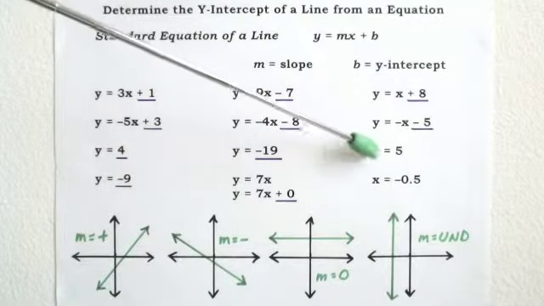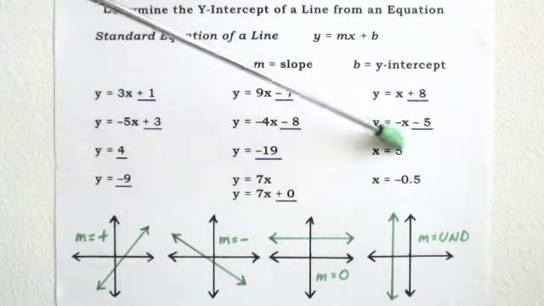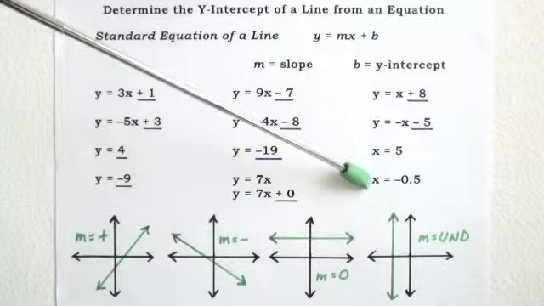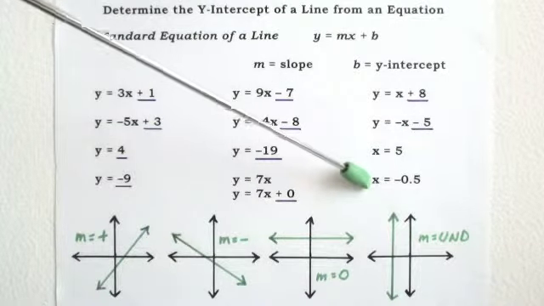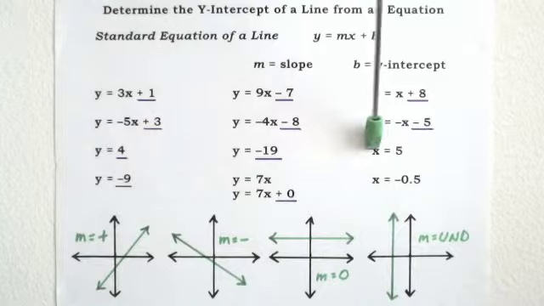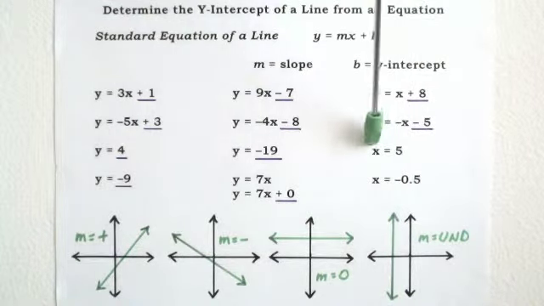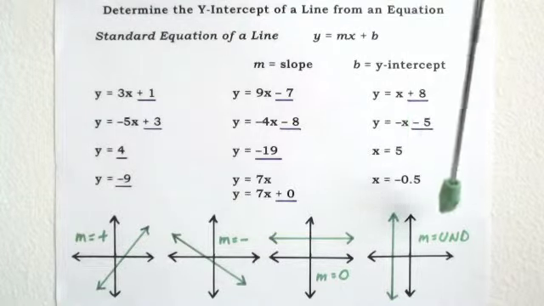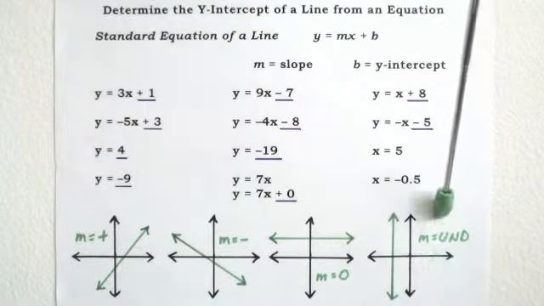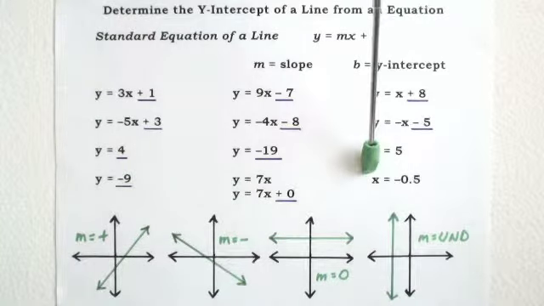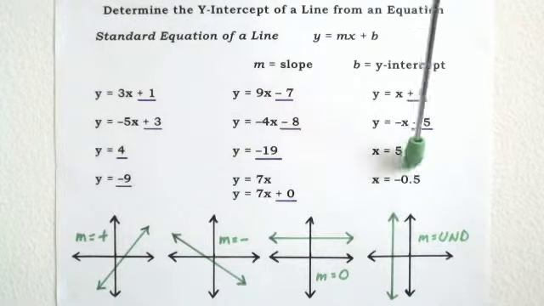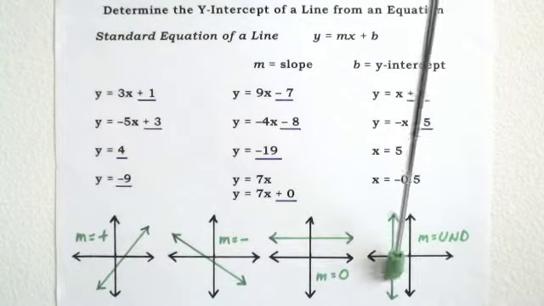Let's look at the last two examples, x equals 5 and x equals -0.5. These are vertical lines. This line crosses the x-axis at 5, a vertical line. This line crosses the x-axis at -0.5.